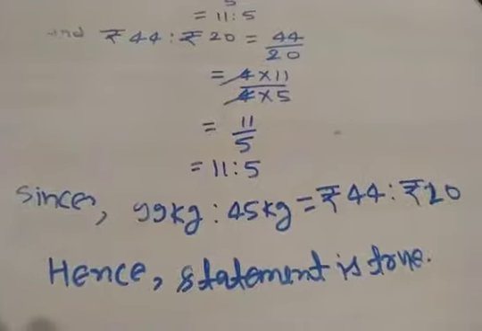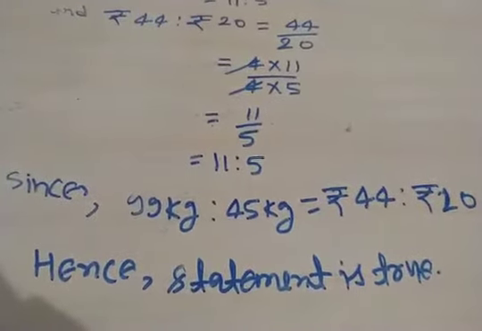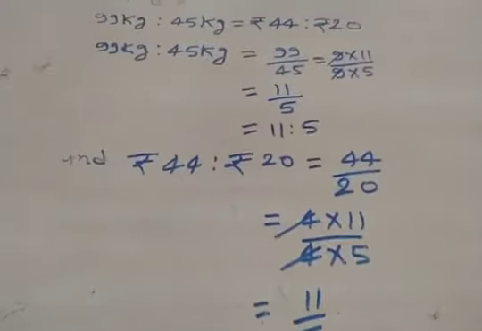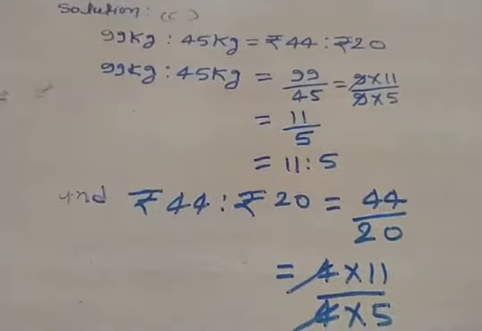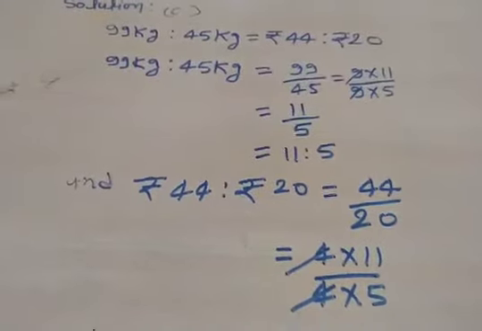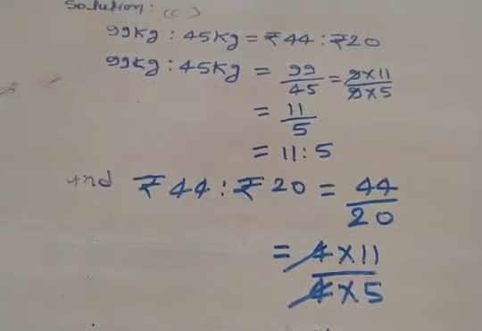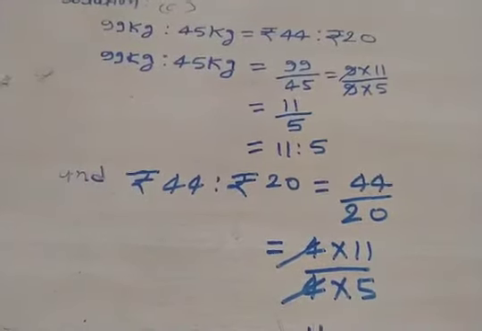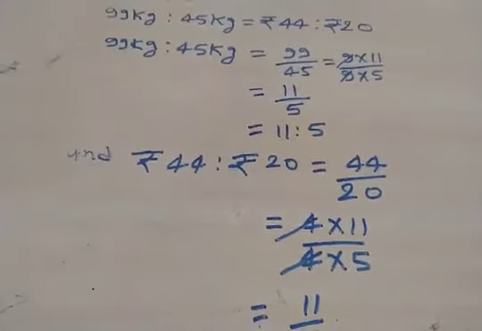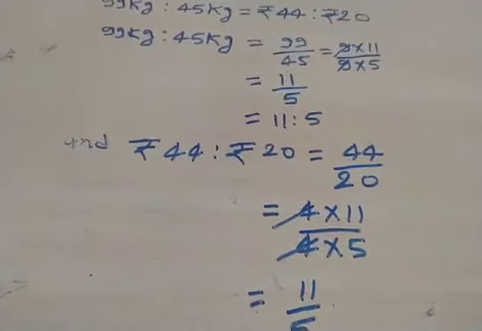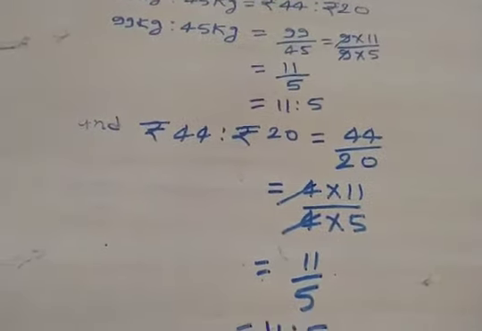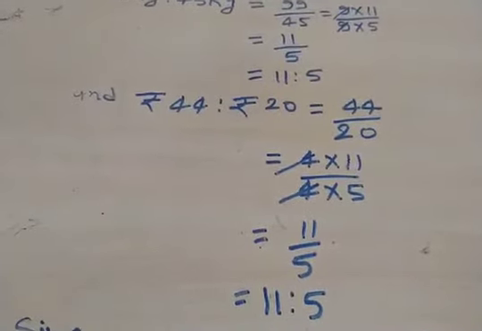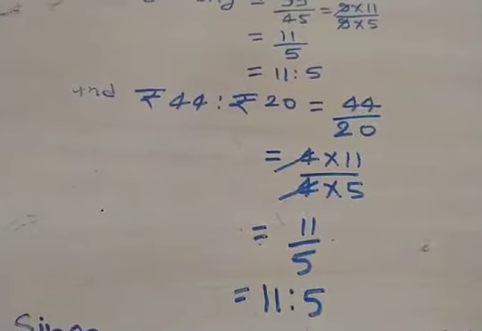Clear? So student, I hope all of you understood. Let's see again. 99 kg ratio 45 kg, we simplify it and we obtain 11 ratio 5, and 44 rupees ratio 20 rupees, we simplify it and we obtain 11 ratio 5.